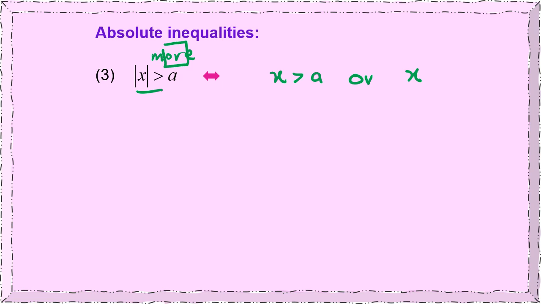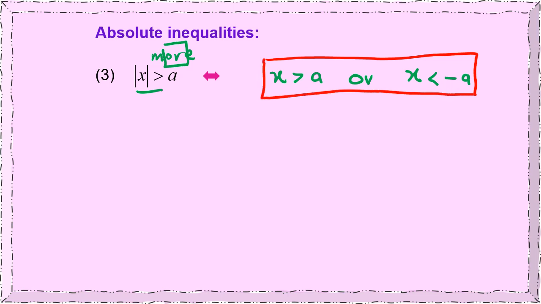This is more than, so it should be less than, and this is positive a, so it will be negative a. This is the definition you have to remember for absolute x more than a. On the number line, one part is to the left of negative a, and the other is more than positive a.